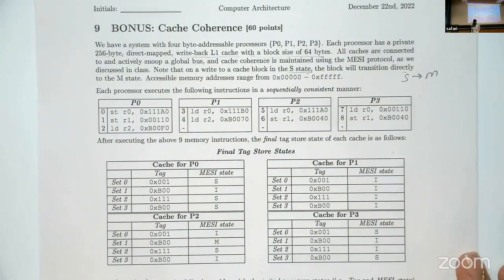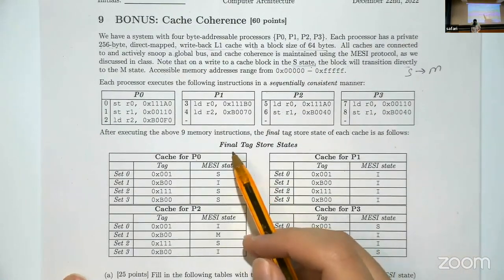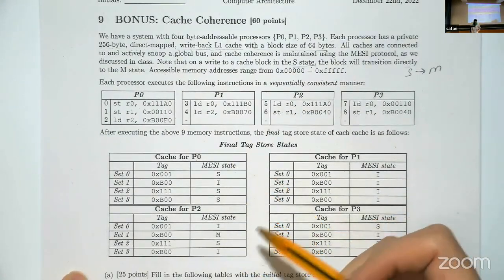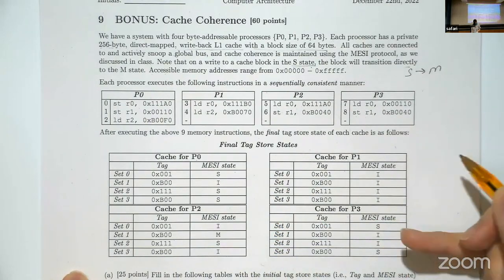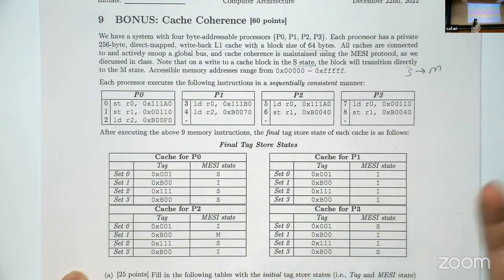What we have here is the final state of these caches after these 9 instructions are executed, and we don't know in which order they're executed. We are trying to figure out what happened and in which order they were executed so that we got this state.